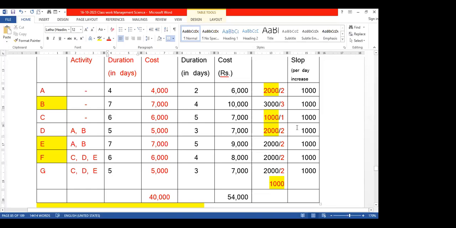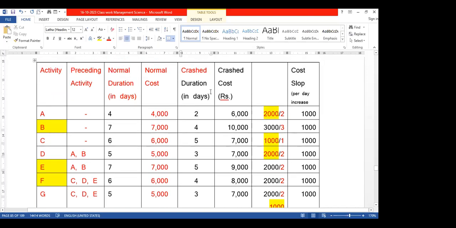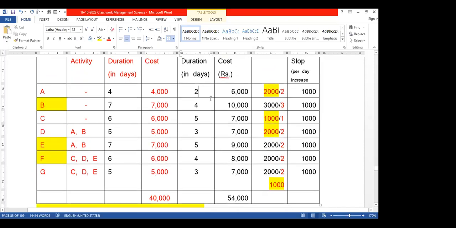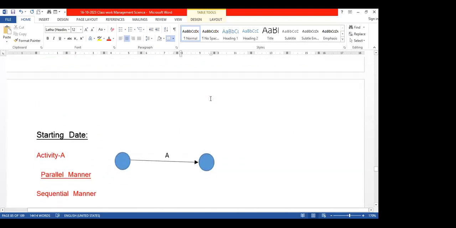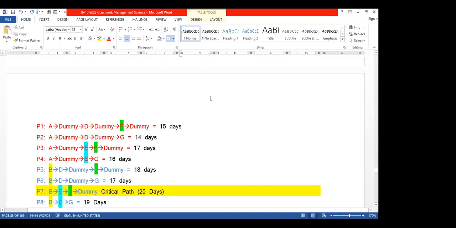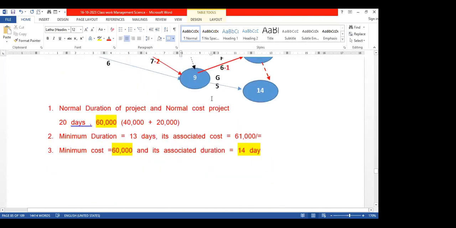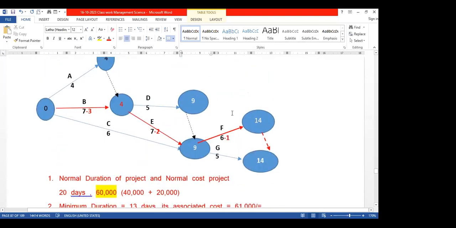Right? So based on the crash durations, we can do the calculations, right? So that is the network diagram we have drawn. This one.